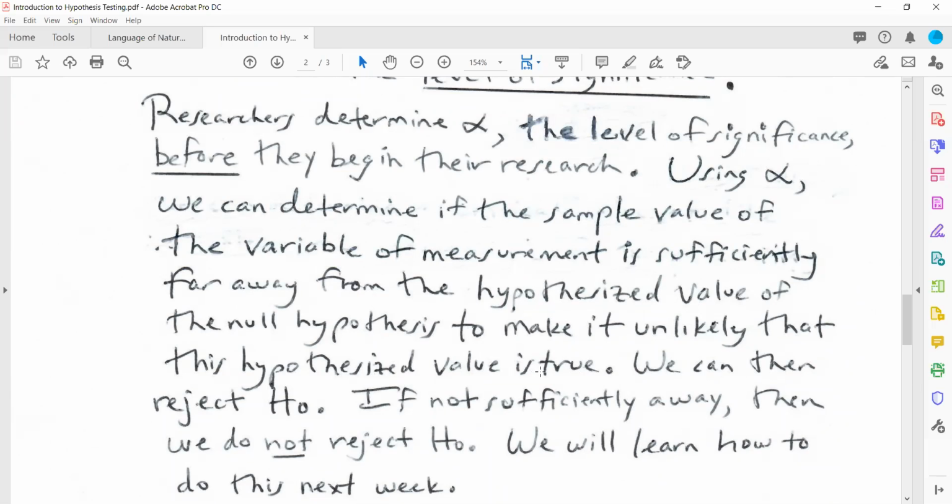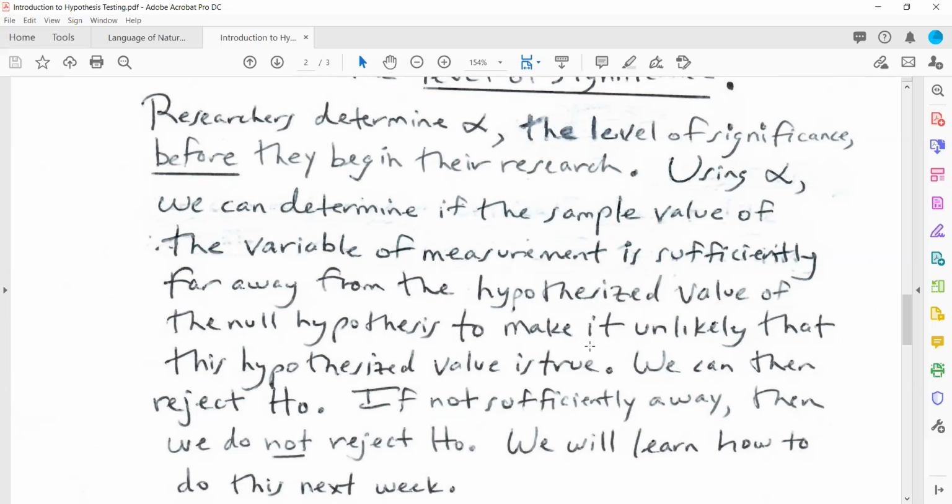In other words, is it possible that the null hypothesis, through just normal variation, created this sample mean, or is it highly unlikely? If it's highly unlikely, we're going to reject the null hypothesis, and we'll say that there's enough evidence to claim that the alternative hypothesis is probably true.